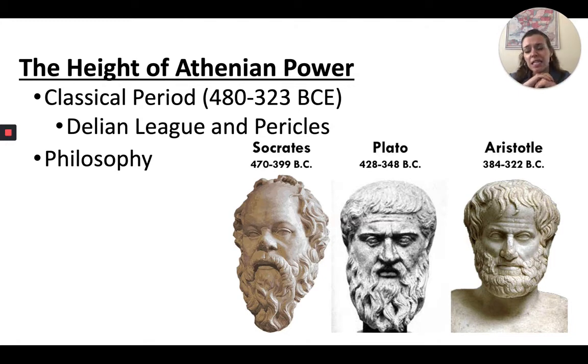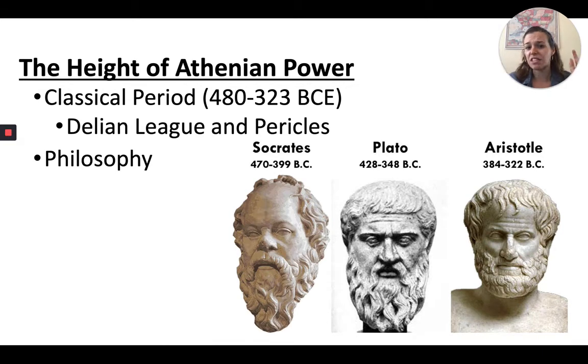And in a trial, juries were made up of hundreds, right? They ultimately find him guilty. It was close, though. And so rather than have his punishment executed upon him, he's going to commit suicide by drinking hemlock. So as a result of that, people are really going to view him more as a martyr and commit themselves to studying even more.